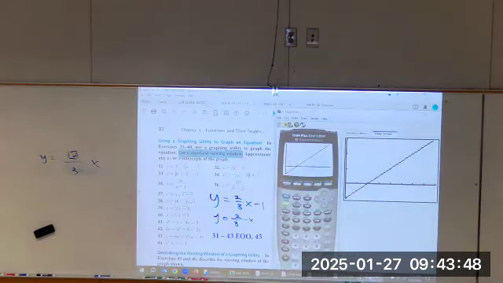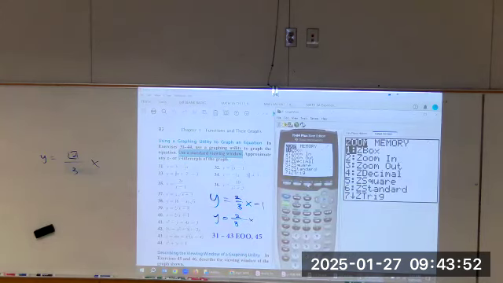Standard viewing window means right here, zoom. All of these are your viewing windows. You can zoom box, where you draw a little box around it, zoom in, zoom out, zoom decimal, zoom square, and then number 6 is zoom standard.